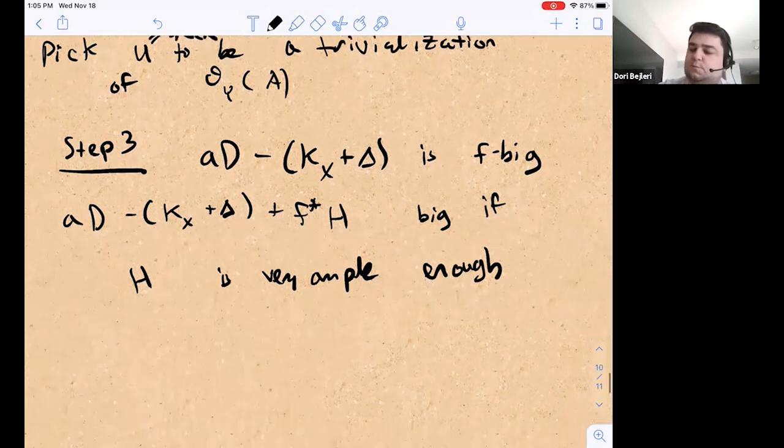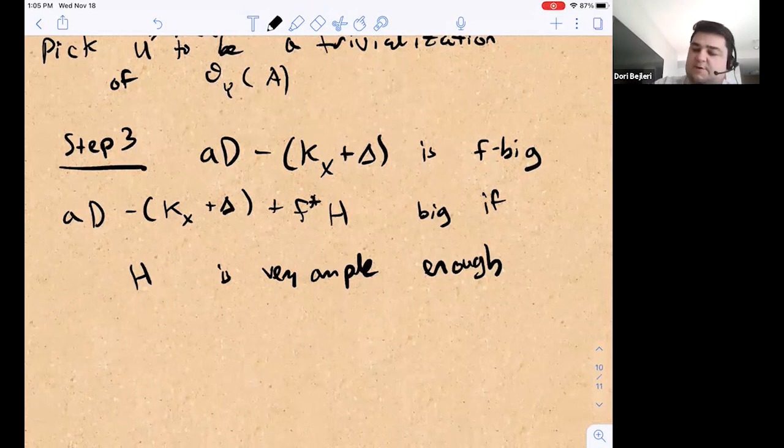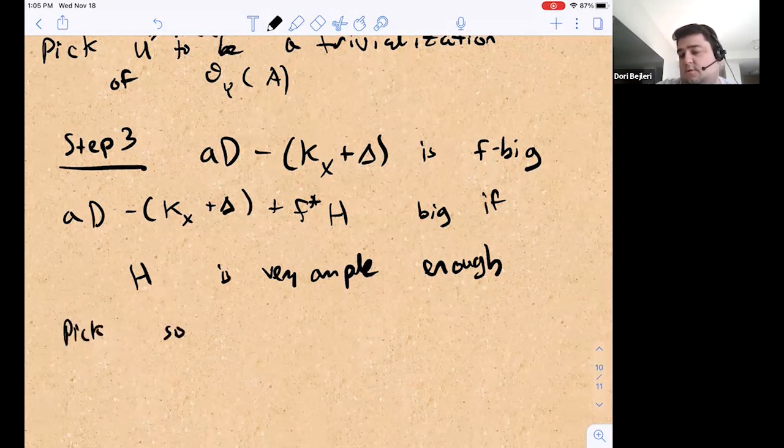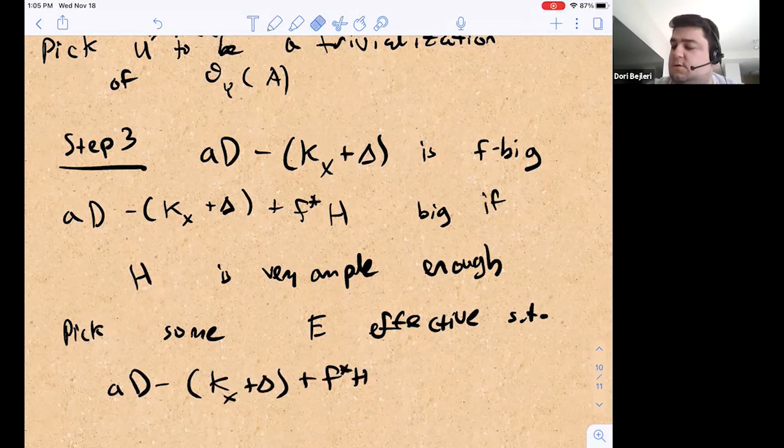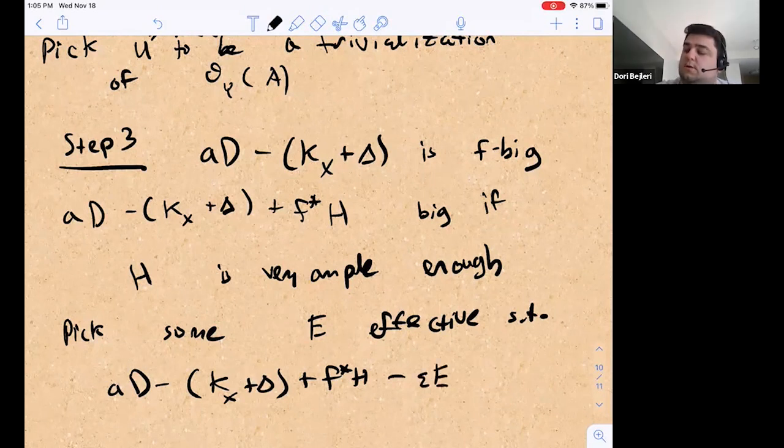So now, because this is big, then we know that it's of the form ample plus some effective. So we'll just pick some effective E such that aD minus (K_X plus delta) plus f^*H minus epsilon E is ample.